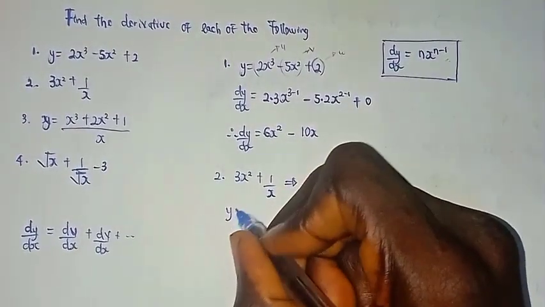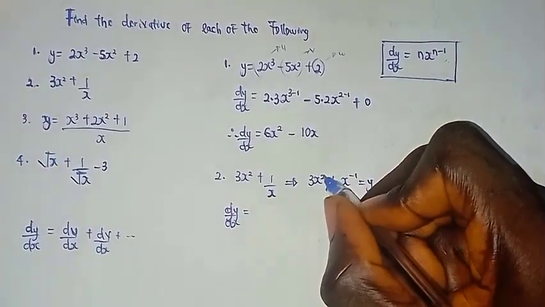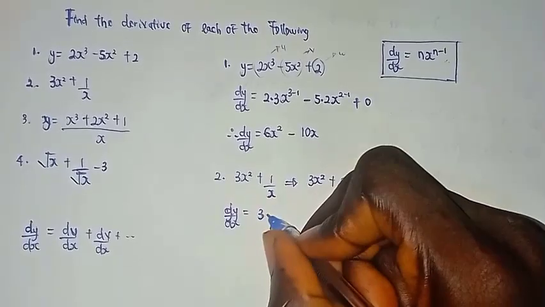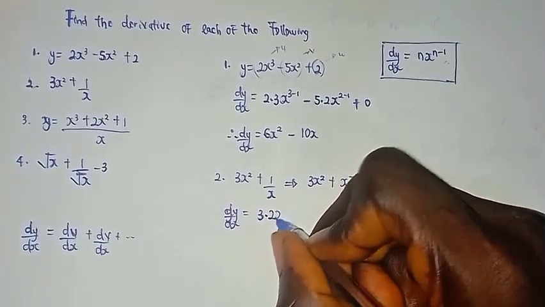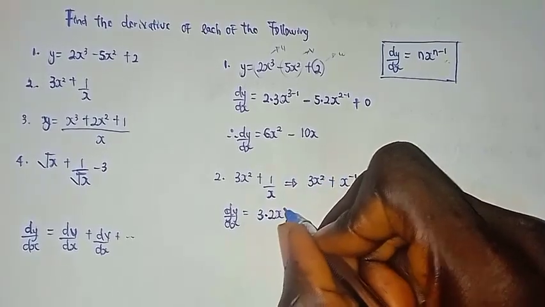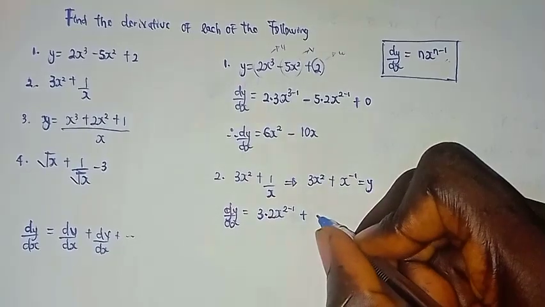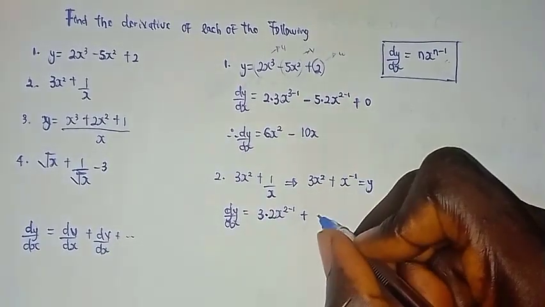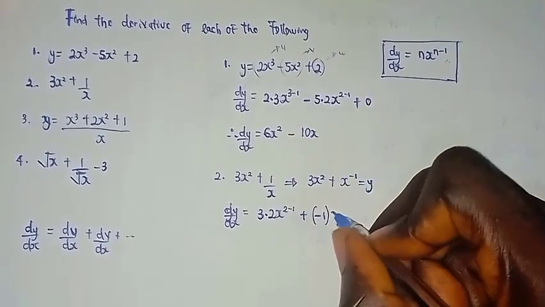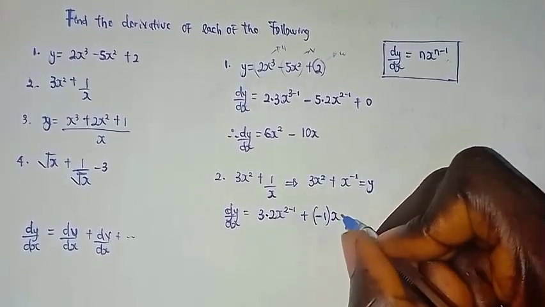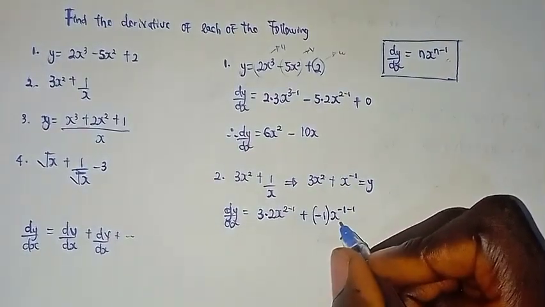So dy over dx becomes, this is our power, 3 multiplied by 2x, and then we subtract 1 from the power, 2 minus 1, plus, now this is minus 1, which is the power, minus 1 multiplied by x to the minus 1 minus 1.